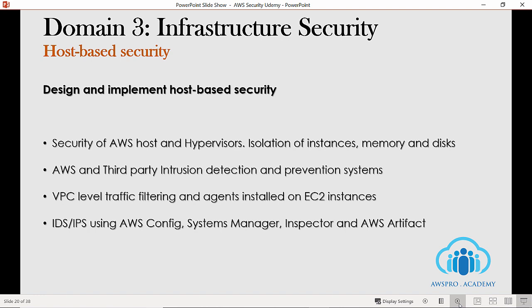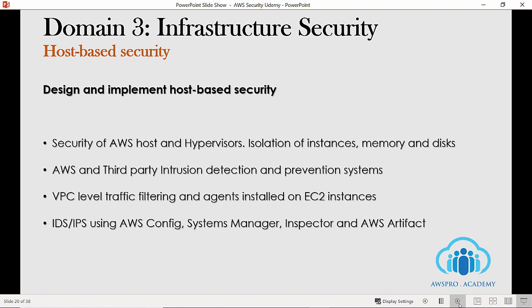Also having agents in EC2 instances. You can use third-party appliances with AWS services like WAF, AWS Config, System Manager, Inspector to build comprehensive IDS and IPS solutions. So make sure to review AWS Config, System Manager, Inspector, and AWS Artifact services.